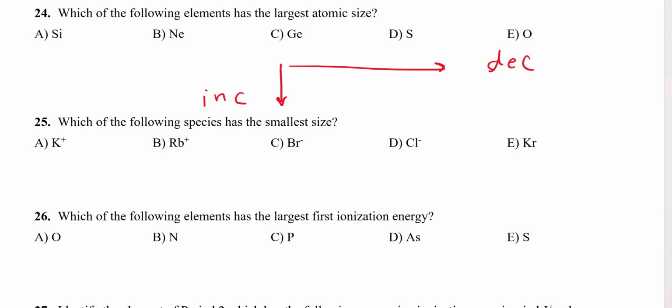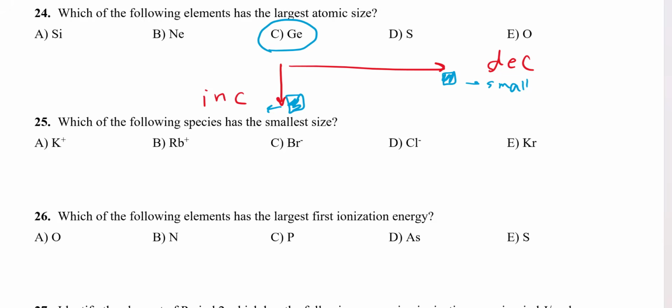So the elements on the right and top are the smallest, and the elements on the left side and down are the larger ones. If we take a look at the periodic table, we can see that germanium is the lowest one and is the furthest left among these 5 elements. So germanium is the answer.